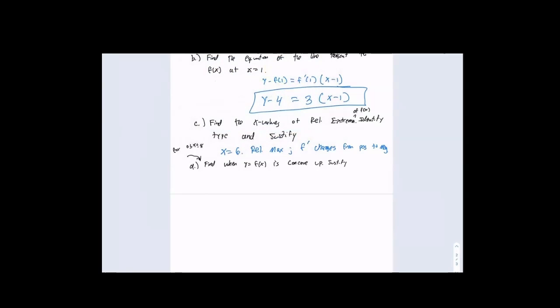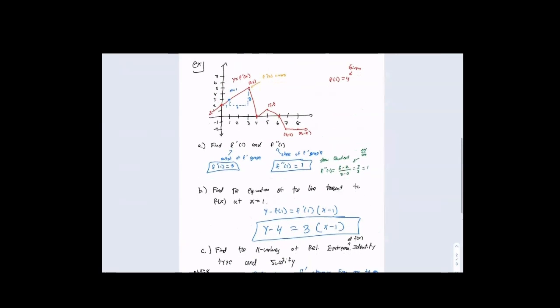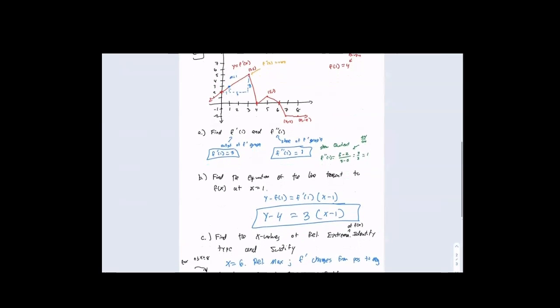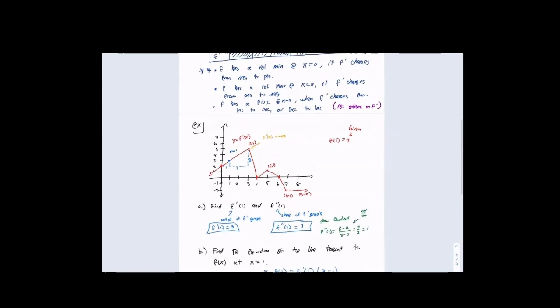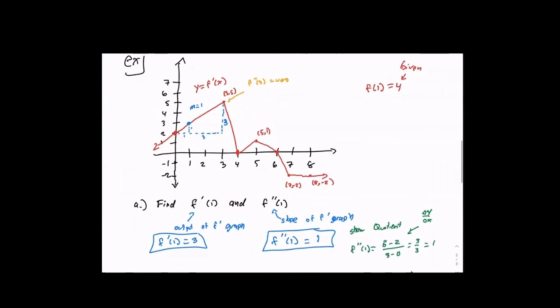So when is a graph concave up? Well, a graph is concave up when what is true about the derivative? What's the justification? Looking at the graph of f prime, a function is concave up when f prime is what?